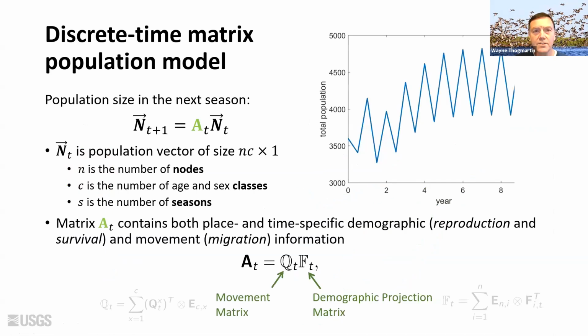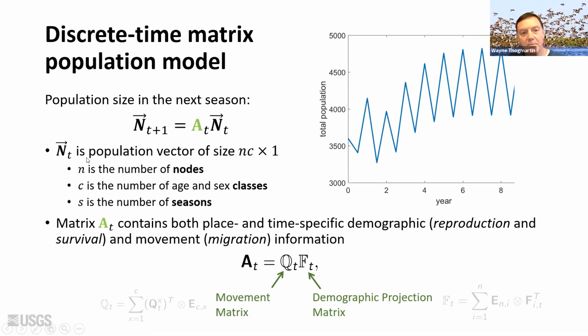The way we've approached this is through discrete time population or matrix population models. Basically, the population size in the following season is a function of the population size in the current season, modified by this A matrix here.